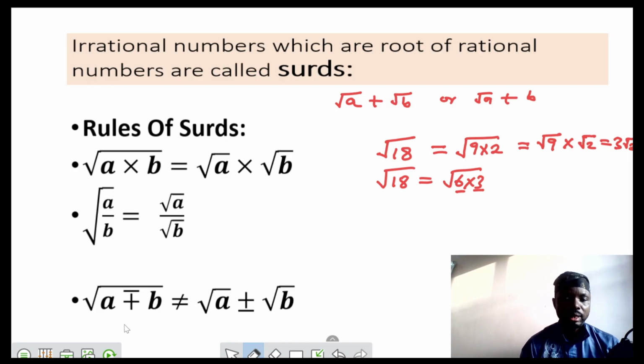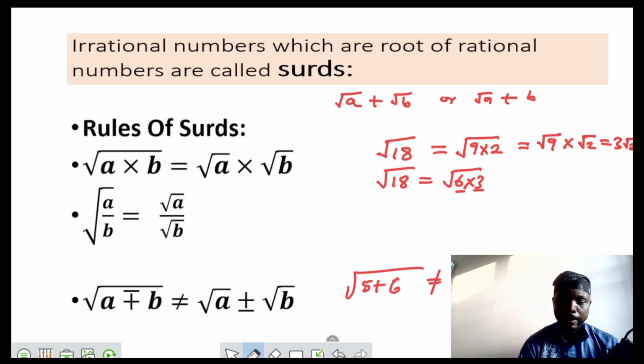Then the third rule is that the square root of a plus or minus b is not equal to the sum or difference of the roots. So you cannot break the surd root of 5 plus 6 into root 5 plus root 6. This is not allowed in surds. So these are the simple rules under surds.